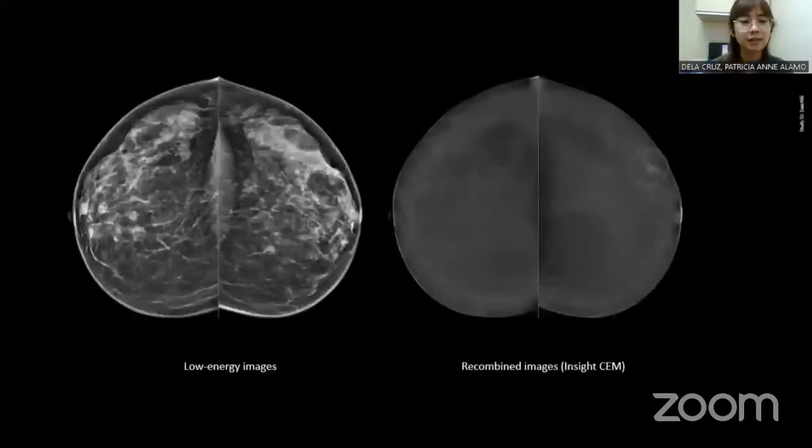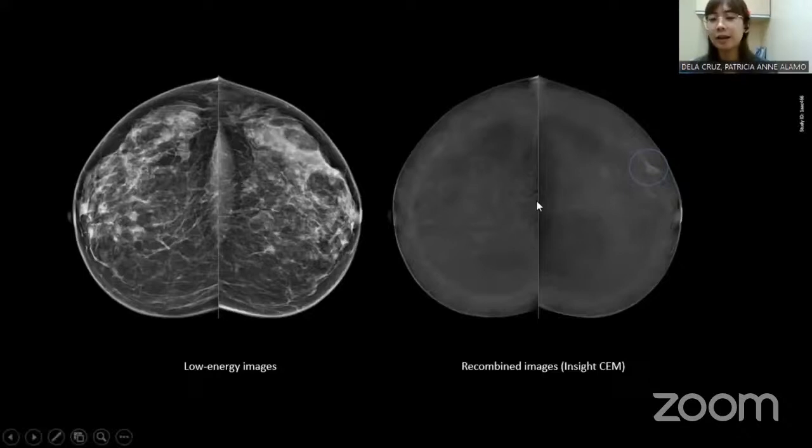So here is a low energy image of CC of both breasts. Here is our combined image of the same view. The patient with breast density grade C was recalled after screening for lesion in the right breast. So the patient's concern was her right breast. Then the enhancement shown in contrast enhanced mammography is on her left.